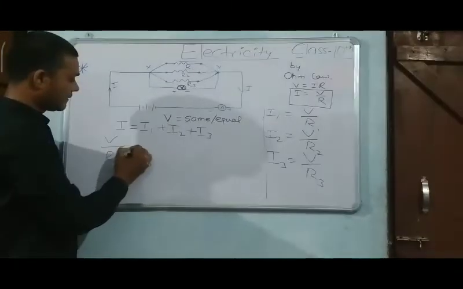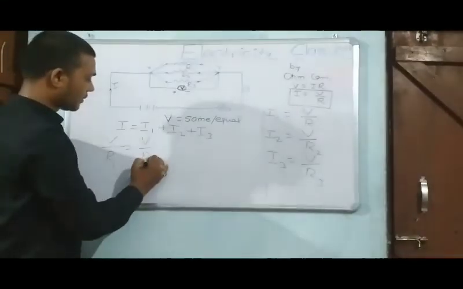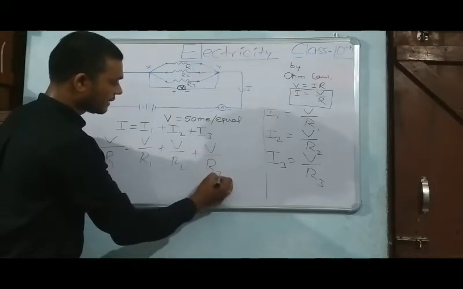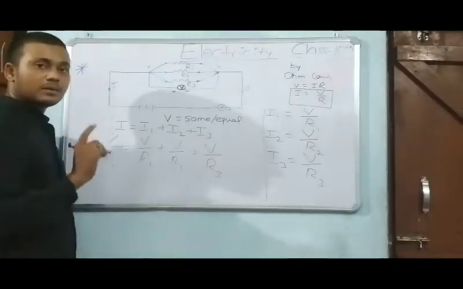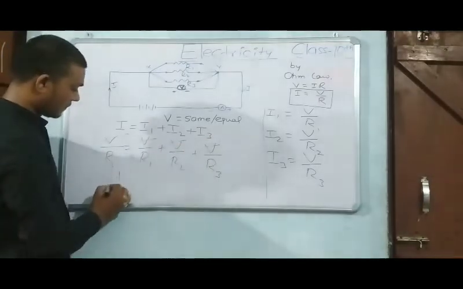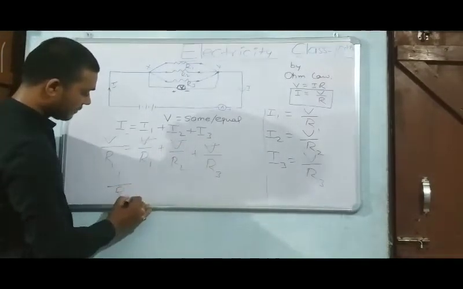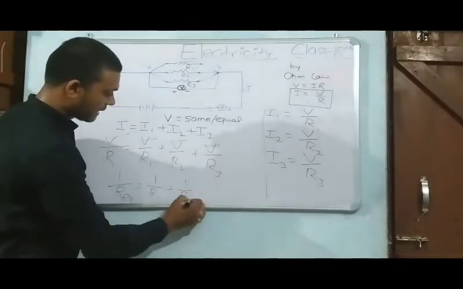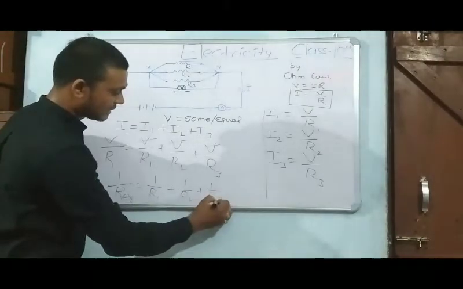So we know I equals V upon R equals V upon R1 plus V upon R2 plus V upon R3. We know that V is the same, so V cancels out, and the result is 1 upon R equivalent is equal to 1 upon R1 plus 1 upon R2 plus 1 upon R3.